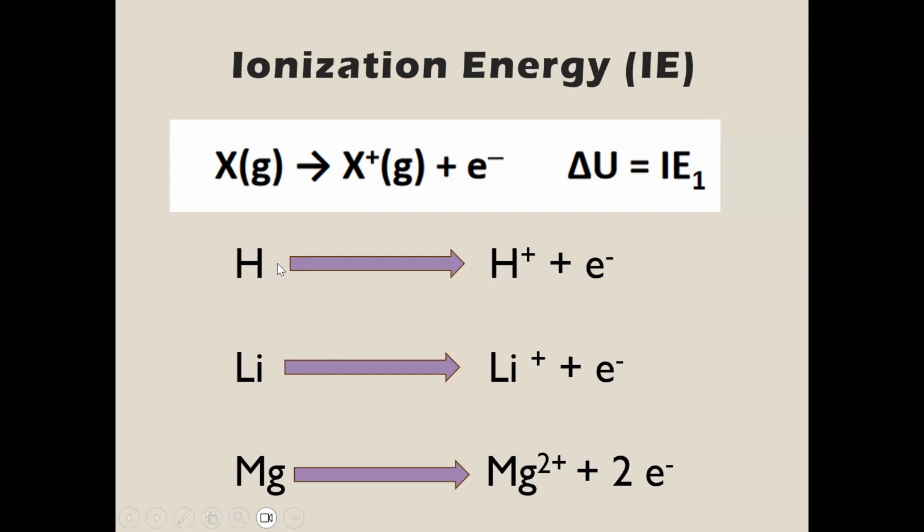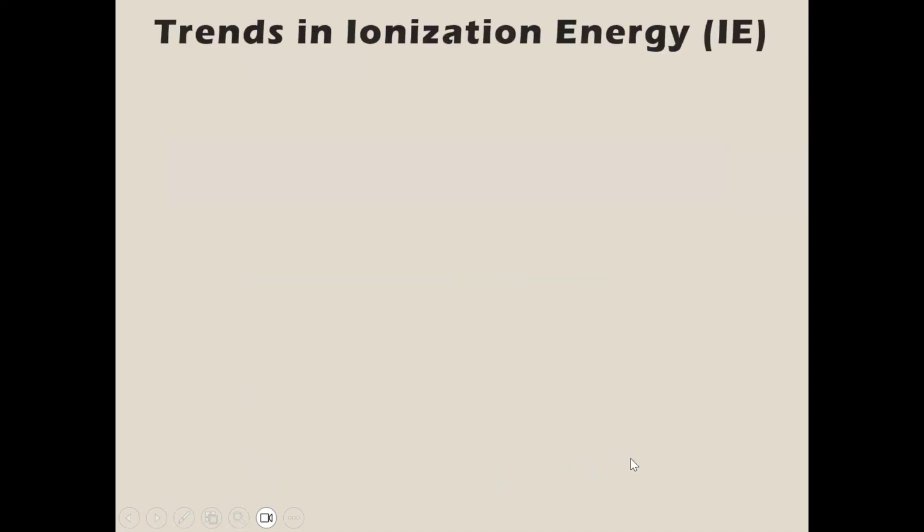So hydrogen will form a proton, and lithium will form a lithium cation and one electron which will be lost. Magnesium will form a magnesium 2+ cation and 2 electrons will be released.